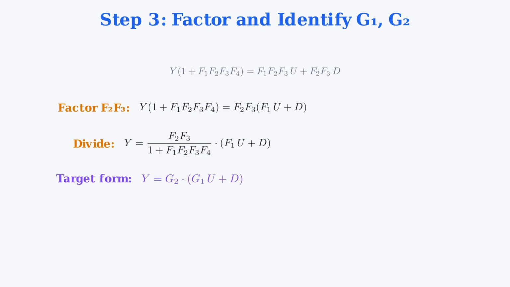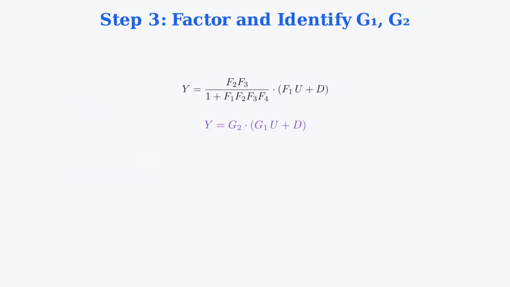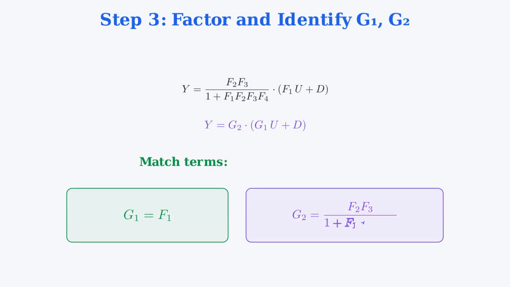Y times 1 plus F1 F2 F3 F4 equals F2 F3 times the quantity F1 U plus D. Divide both sides by 1 plus F1 F2 F3 F4. We get Y equals F2 F3 over 1 plus F1 F2 F3 F4 times the quantity F1 U plus D.